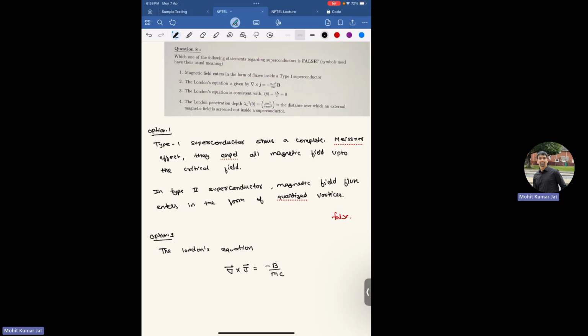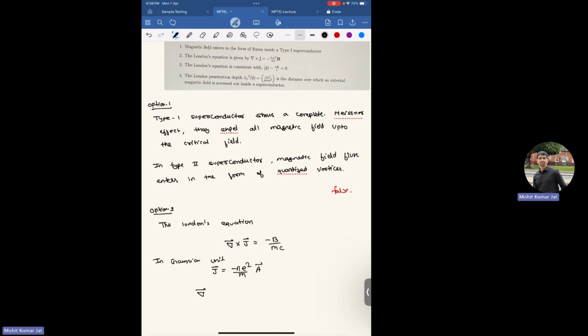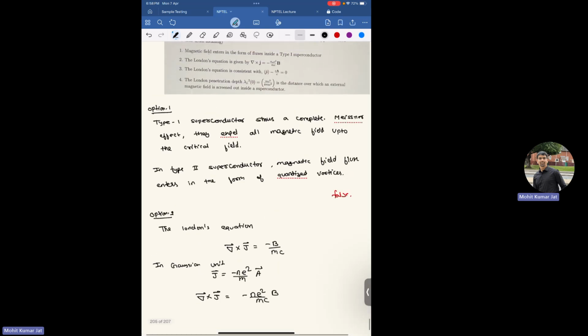And J you can write, in Gaussian units, as minus ne square by m times A. So your curl of J basically is minus ne square by m, curl of A is nothing but B, and then there will be mc. So this is also true.